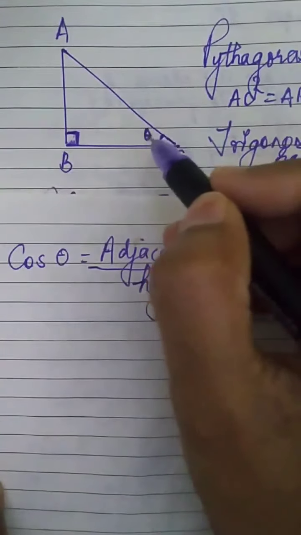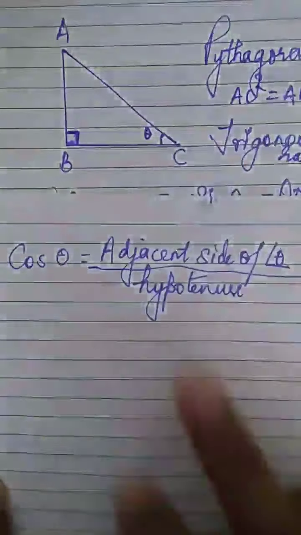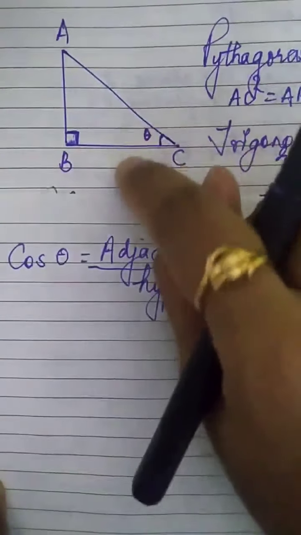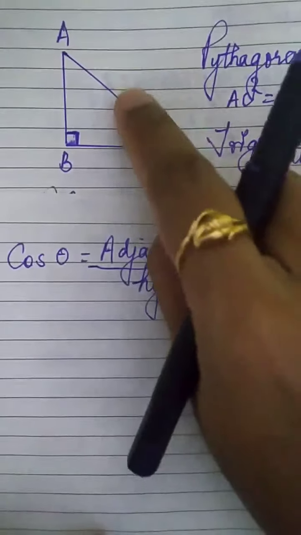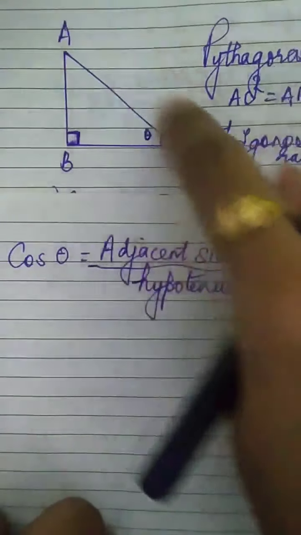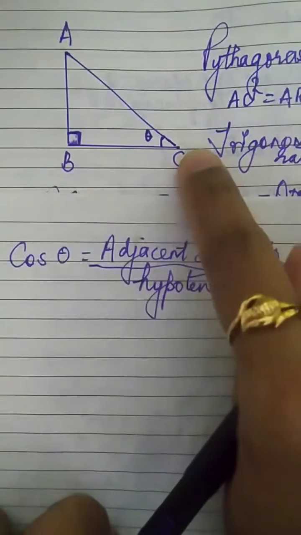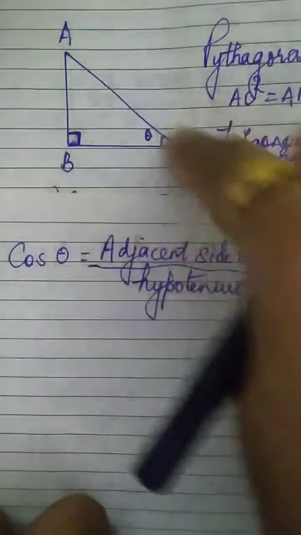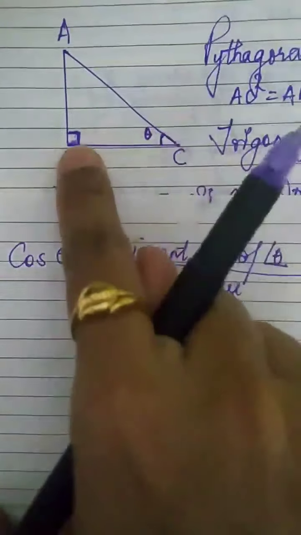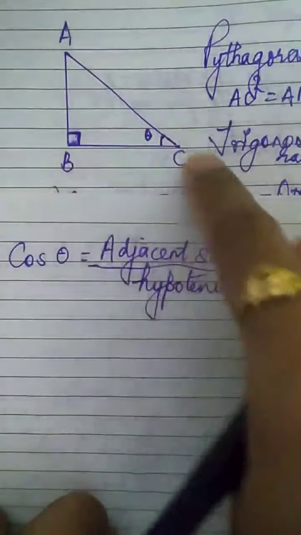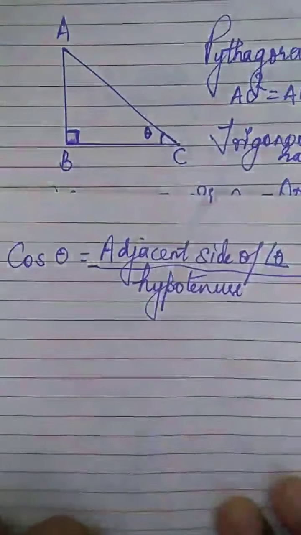Now this angle theta's adjacent side means neighboring side. So here this theta has two neighboring sides. That is, one is AC and the other is BC. Neighbor means the side next to it. Now out of AC and BC, side AC is the hypotenuse.